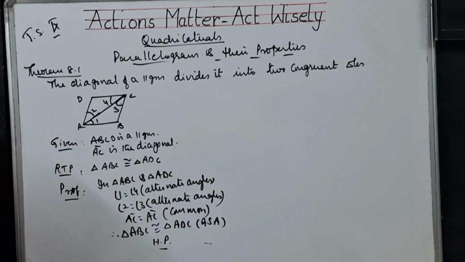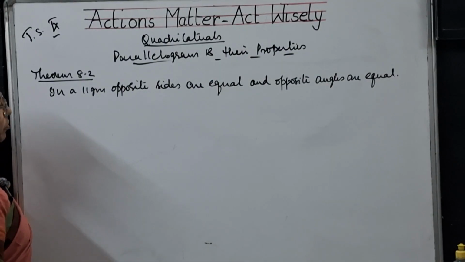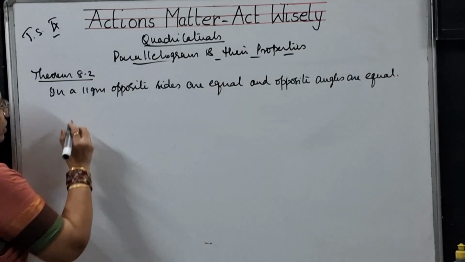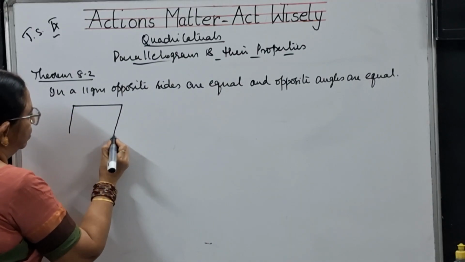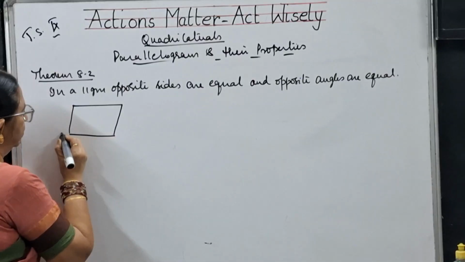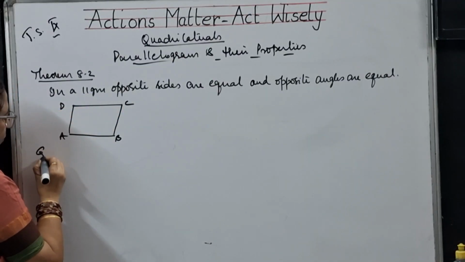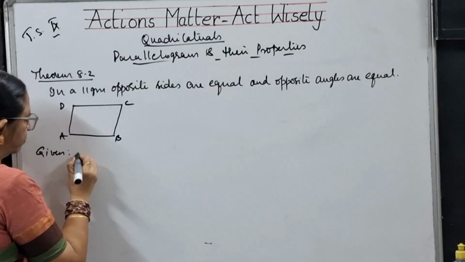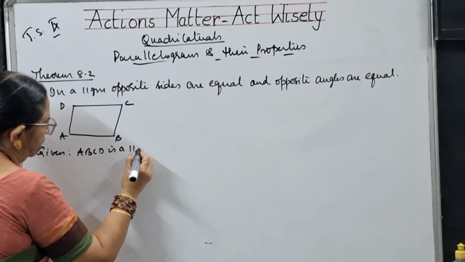Please note it down. So the next theorem, children: in a parallelogram, opposite sides are equal and opposite angles are equal. So this is parallelogram ABCD. So what is given to us? ABCD is a parallelogram.